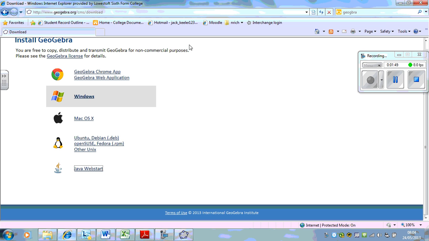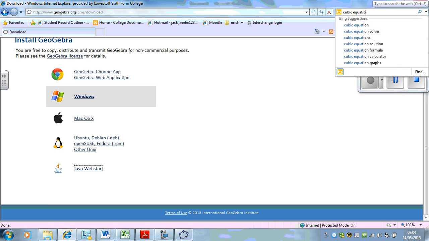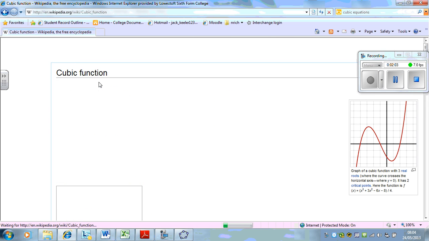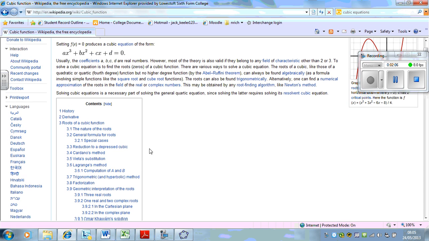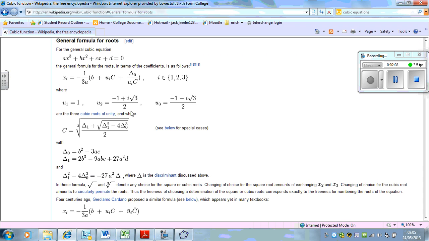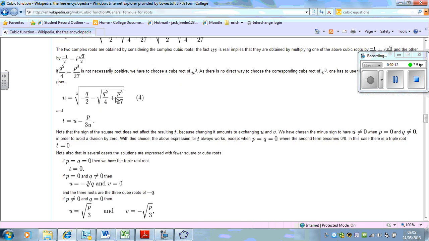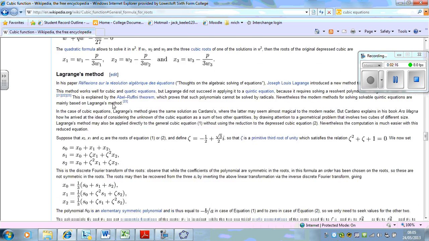Now, if we look at cubic equations, I'm just going to type in cubic equations, and there we go, on Wikipedia. A cubic equation also has a general formula. The trouble is it's an absolute nightmare, and you can see here it becomes quite tricky.